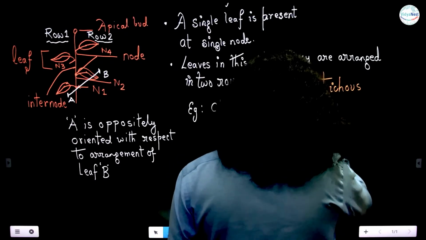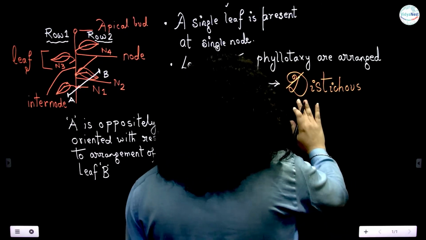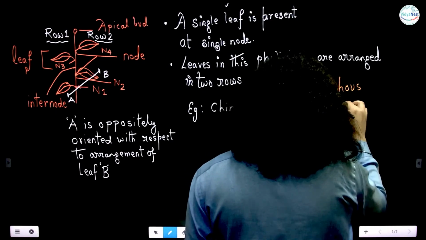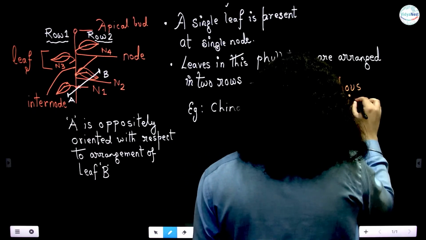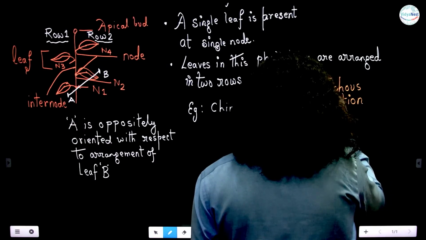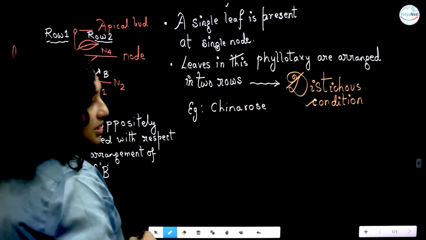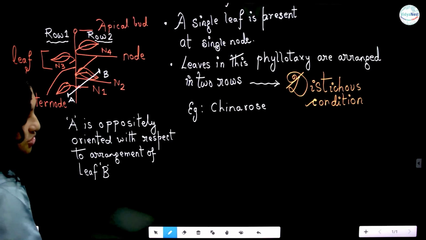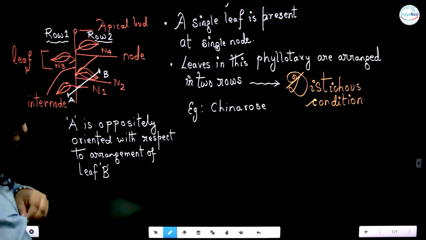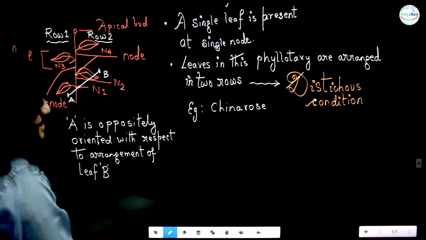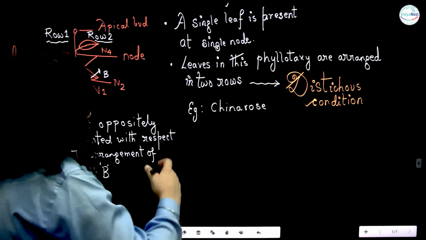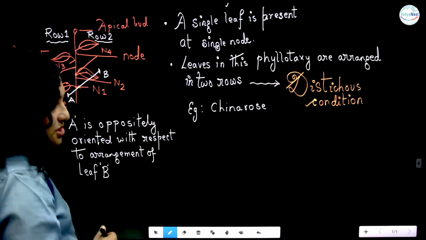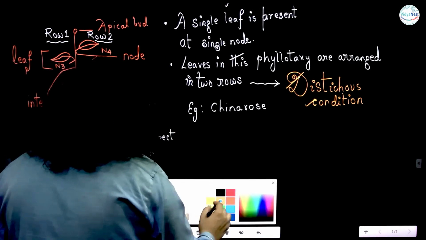This arrangement or this condition is known as distichous condition. Okay, sir. That means when the leaves are arranged in opposite rows, this pattern of arrangement has a special name, which is known as distichous condition. Clear?